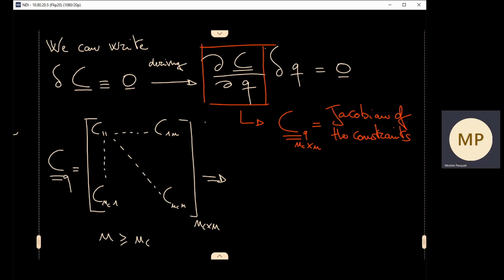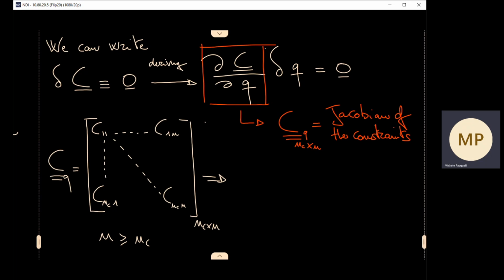When is it that nc is exactly the rank of this matrix? Can you guess? So this is a rectangular matrix that we call the Jacobian of the constraints, and which can have at maximum nc as rank. When is it that it has nc as rank?